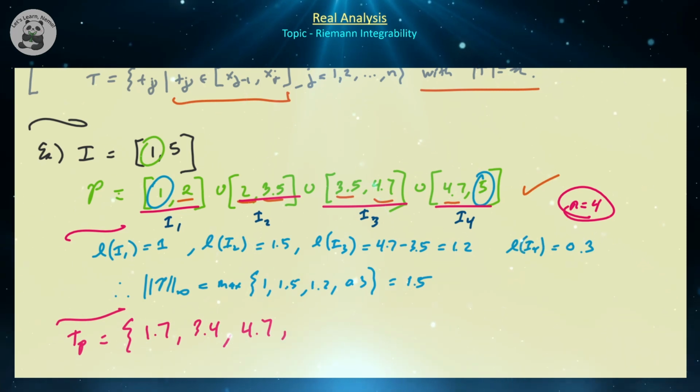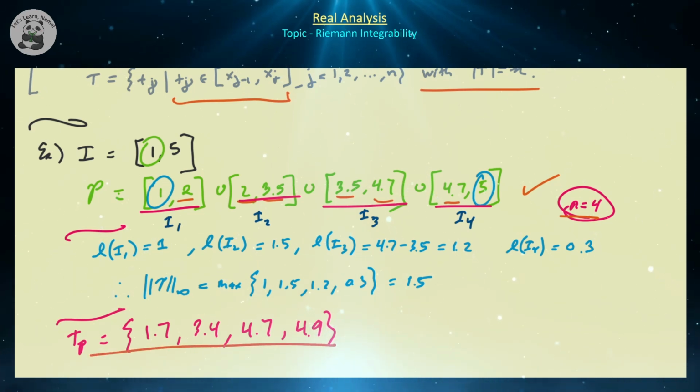Keep in mind, if you choose the right boundary point for I3, you cannot choose the left boundary point for I4. So as long as you choose some number strictly between 4.7 up to 5, including 5, then life will be good. So we have n is equal to 4 subintervals that partition the set I with a norm of 1.5, and obviously a tag partition giving us these particular tags.